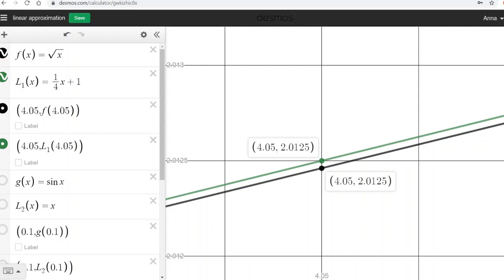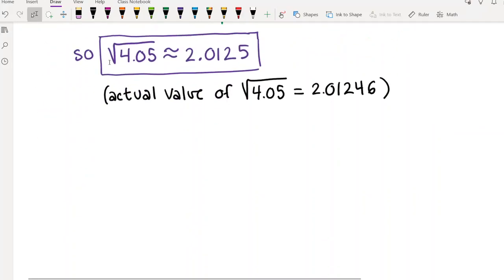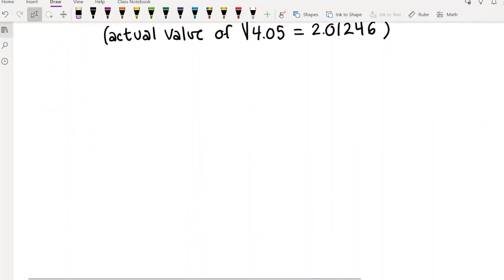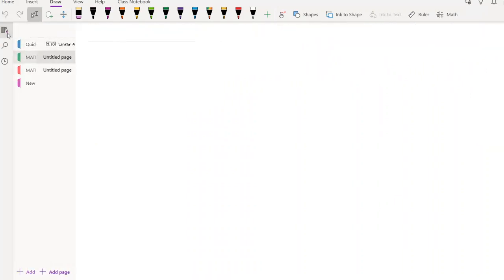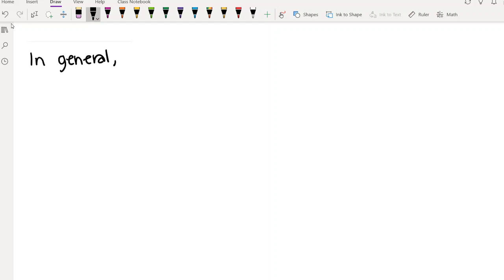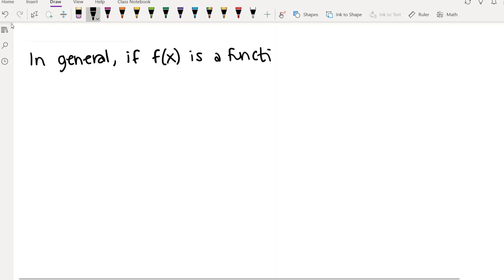Okay, so this is the general idea of linear approximation. I want to summarize this as some general information, and then we'll do a few other examples. So in general, if f of x is a function, then we'll use this L of x.